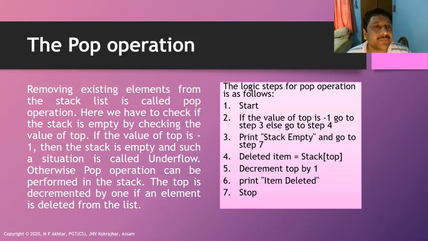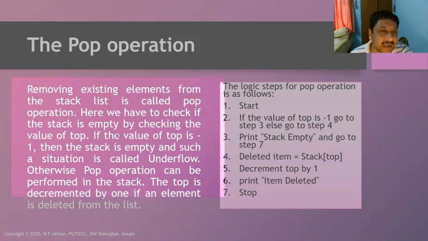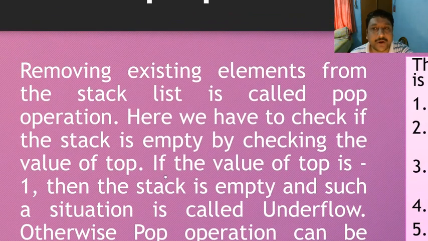Now see the pop operation. Pop operation means removing or getting an element, picking one element from the stack. Removing existing elements from a stack is called pop. If any element is there and we want to take or remove that element, this operation is known as the pop operation.